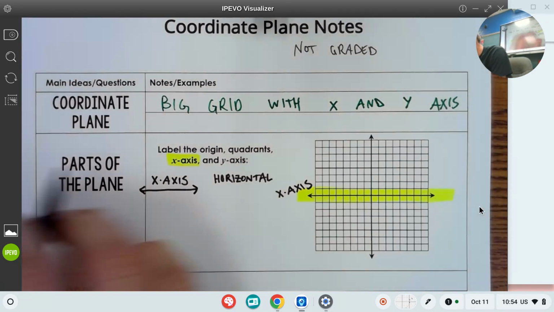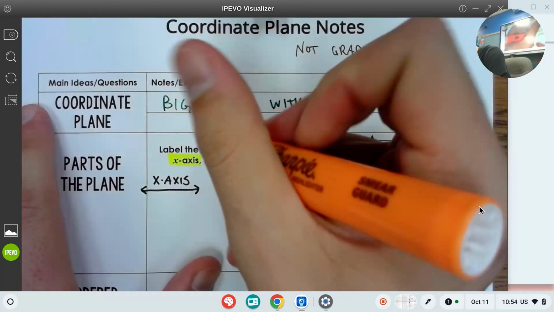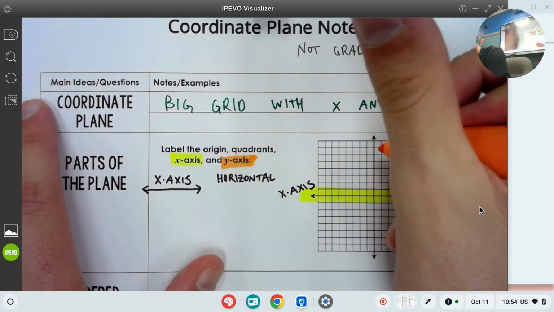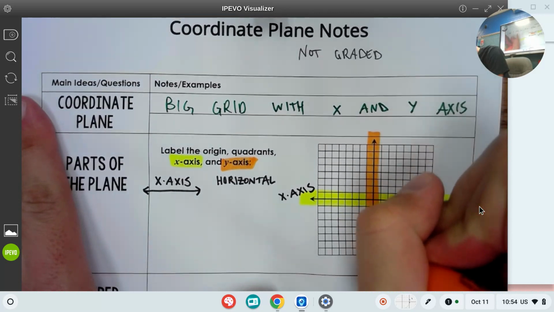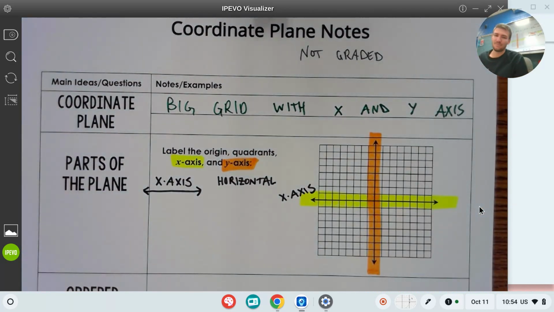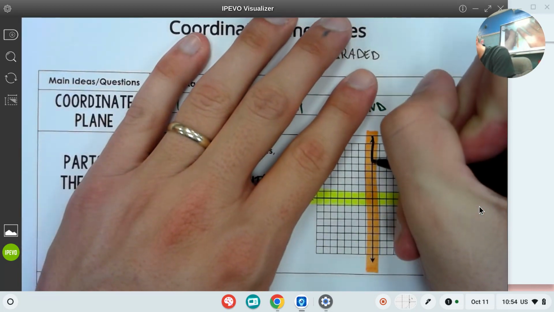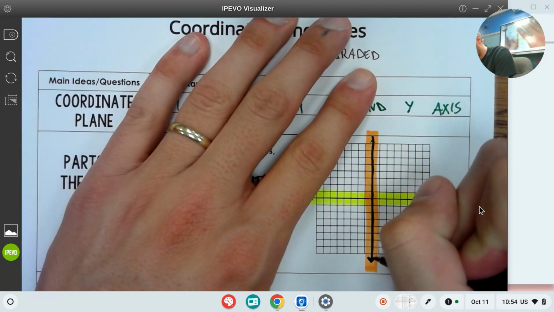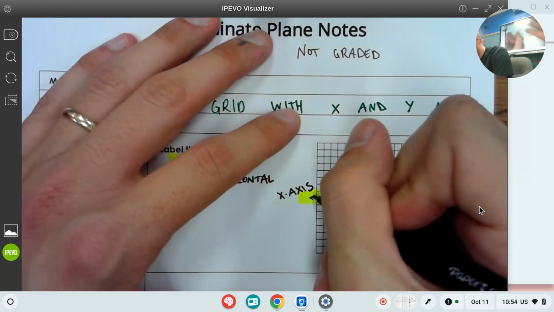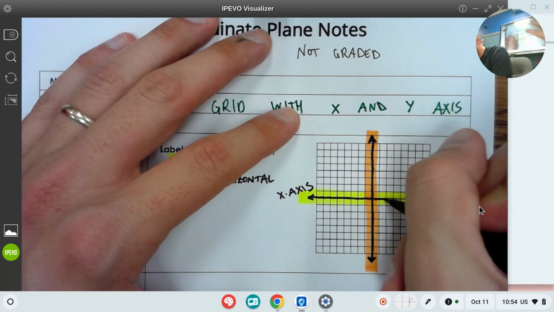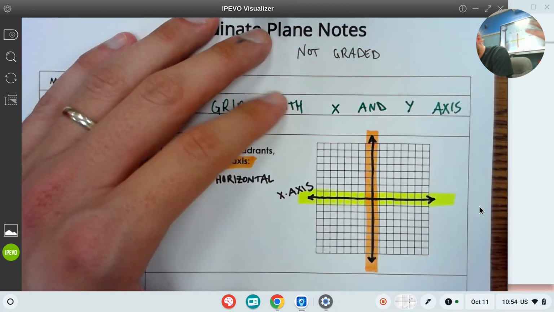Then we're going to talk about the y-axis next, which we should be getting correct every time. If we know the x-axis, then we should be able to get the y-axis, right? It is the line that goes up and down. I'll just make these a little bit darker so they're easier to see. There we go.